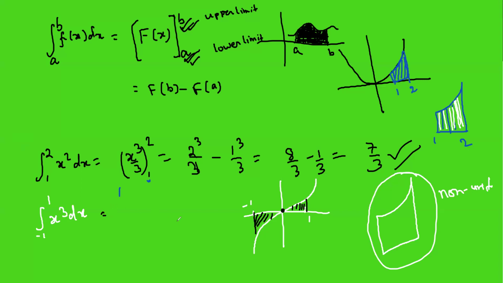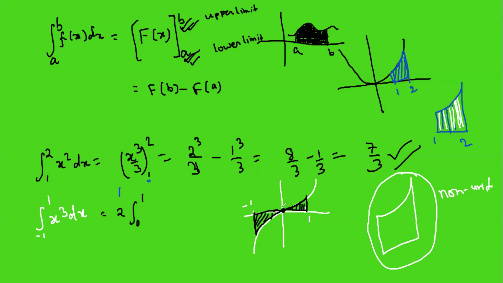So this is a symmetric figure. Symmetric means the area of this part is the same as the area of this part, right? So from minus 1 to 1, you can also write 2 times 0 to 1. 0 to 1 means find the area of this part only and multiply with 2.